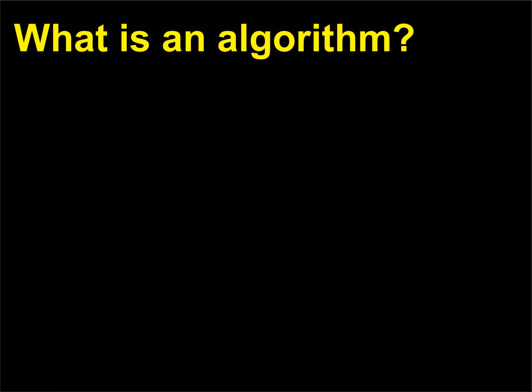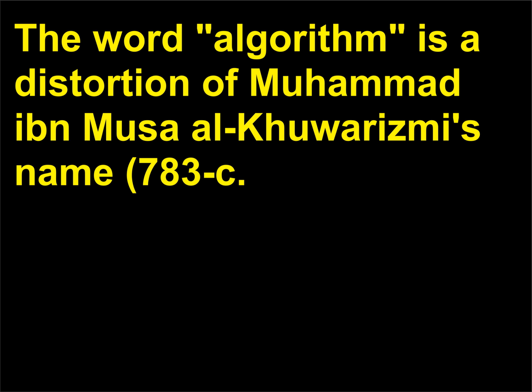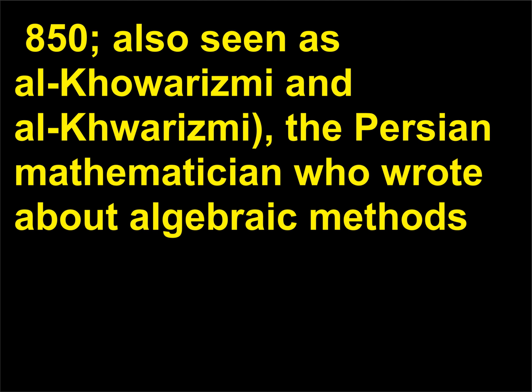What is an algorithm? The word algorithm is a distortion of Muhammad ibn Musa al-Khwarizmi's name, 783 c. 850, also seen as al-Khwarizmi, the Persian mathematician who wrote about algebraic methods.